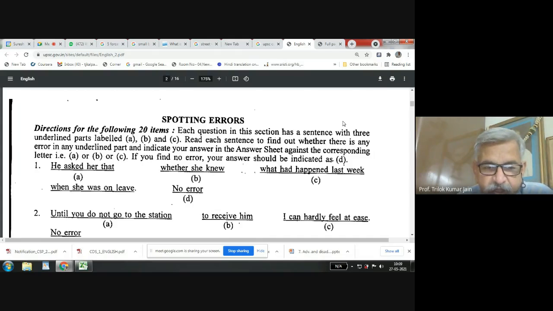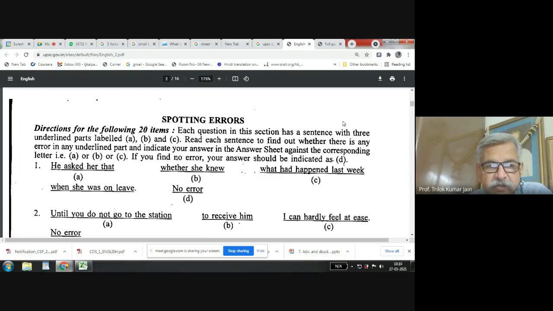When she was on leave, there seems to be no error, and therefore they have not put any indication there. So this is a perfectly correct part. The sentence is related to past. What had happened last week? Again, there seems to be no error because it is in past perfect tense. Fine, no problem at all.